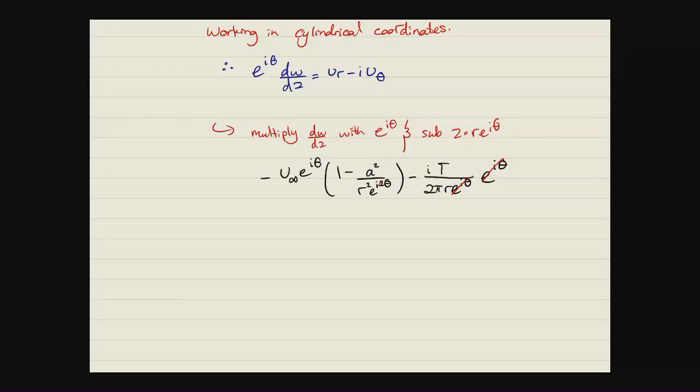So I end up with negative U infinity times e^(i theta) minus a squared e^(negative i theta) over r, minus i gamma over 2 pi r.